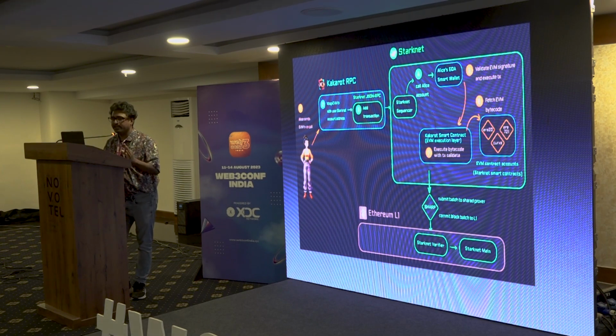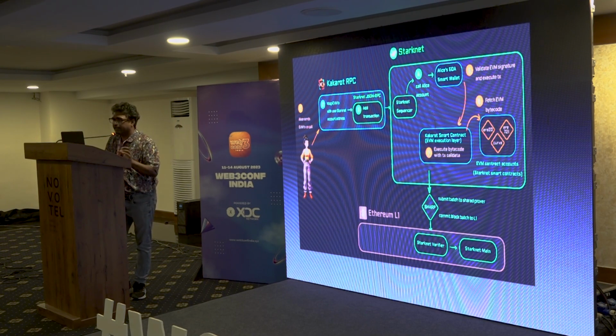Kakarot is nothing but a smart contract written in Cairo, deployed on the Starknet blockchain. So this is the flow of how a transaction can flow. Alice is sending the EVM transaction or EVM call to the Kakarot RPC, which is a Starknet JSON RPC.